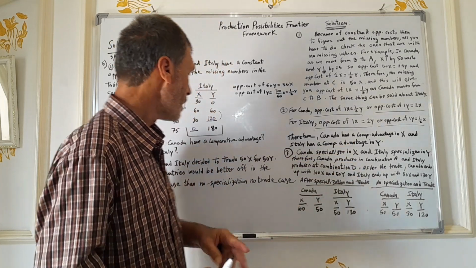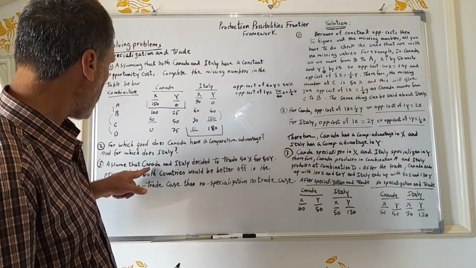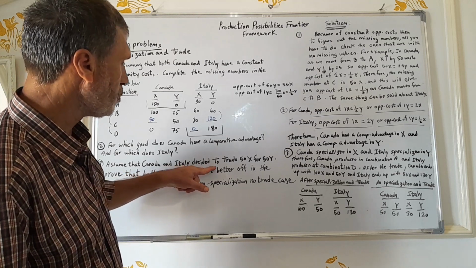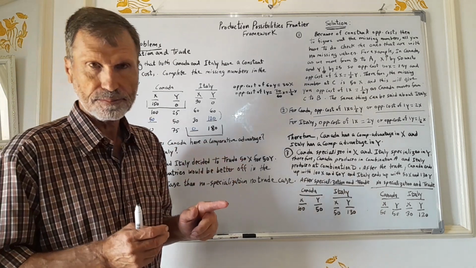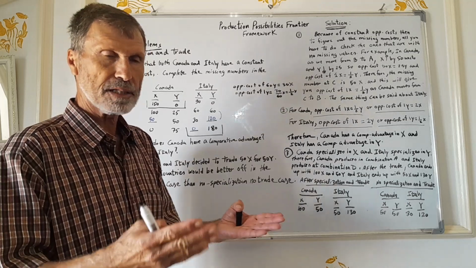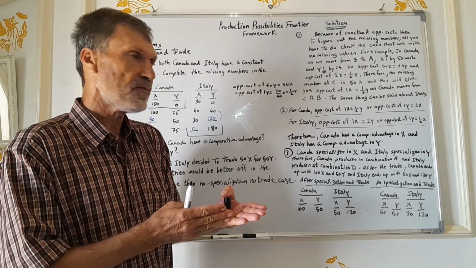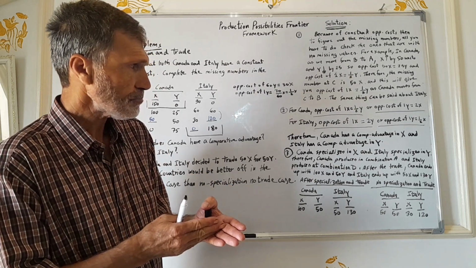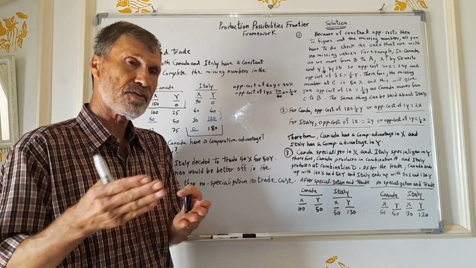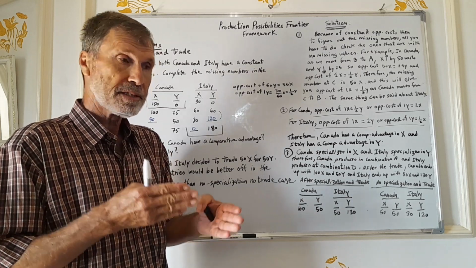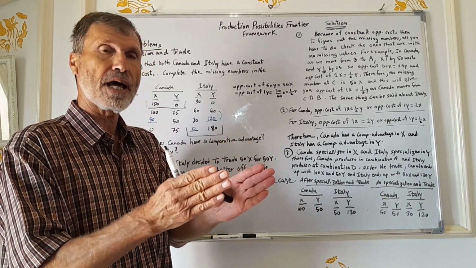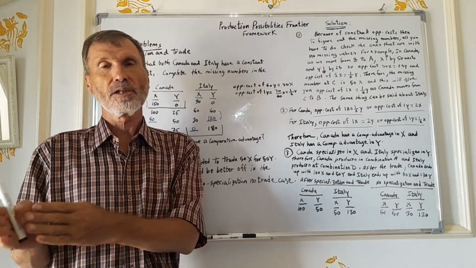Now, great. Now, 3, assume that Canada and Italy decided to trade 50x for 50y. So both decided that since Canada has a comparative advantage in x and Italy has a comparative advantage in y, Canada only specializes in x and Italy only specializes in y.